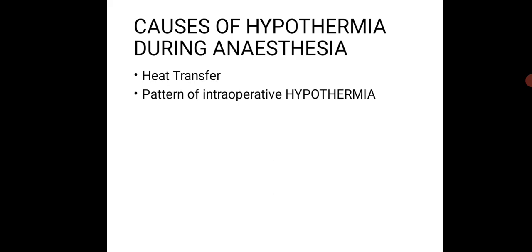After the initial redistribution hypothermia, core temperature usually decreases in a slow and linear fashion for 2 to 4 hours. This reduction results simply from heat loss exceeding metabolic heat production, and the rate at which core temperature decreases depends on differences in the size of the patient.